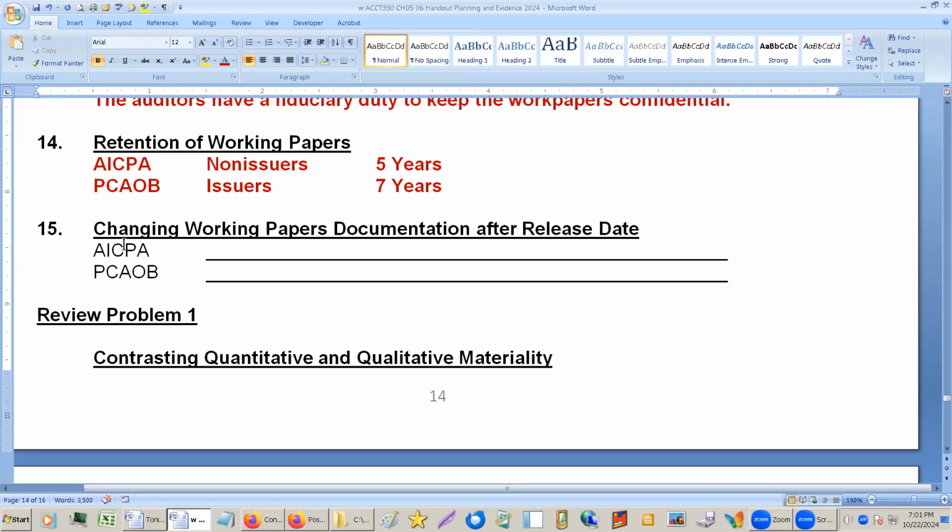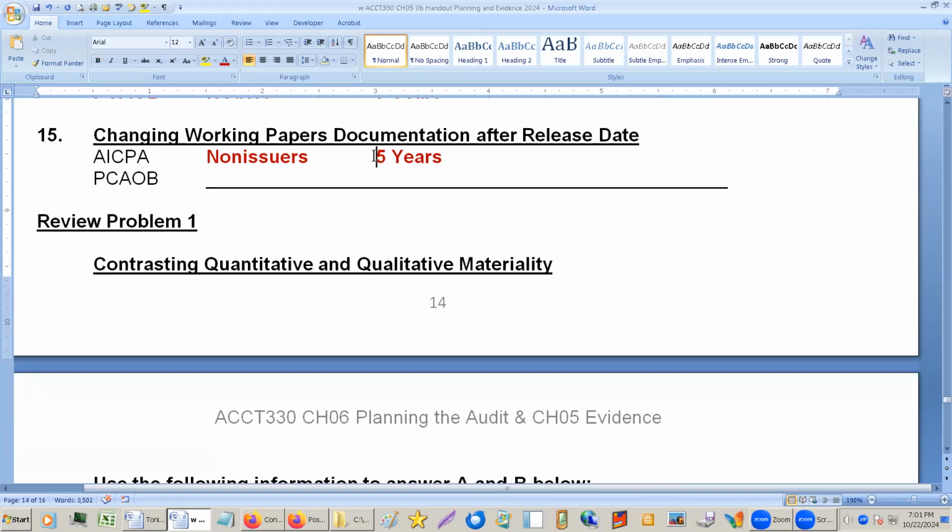Changing the work papers. For non-issuers, it is 60 days after the audit.